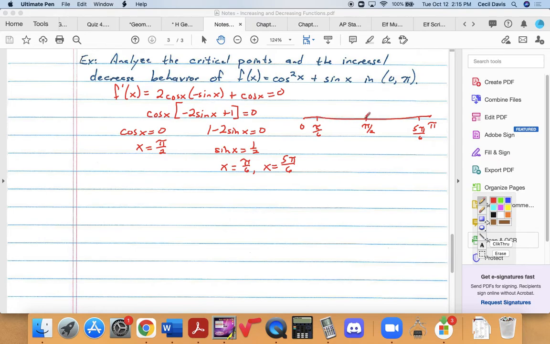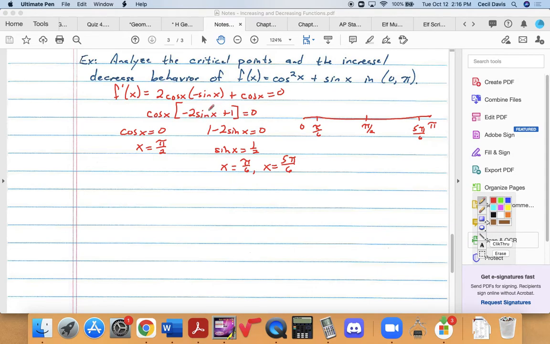Between pi over 6 and pi over 2, well, pi over 4 is nice. So cosine would be square root of 2 over 2. I don't really care very much about its value. All I really care about is whether this factor is going to be positive or negative. It's positive. Here I multiply: sine at pi over 4 is square root of 2 over 2.